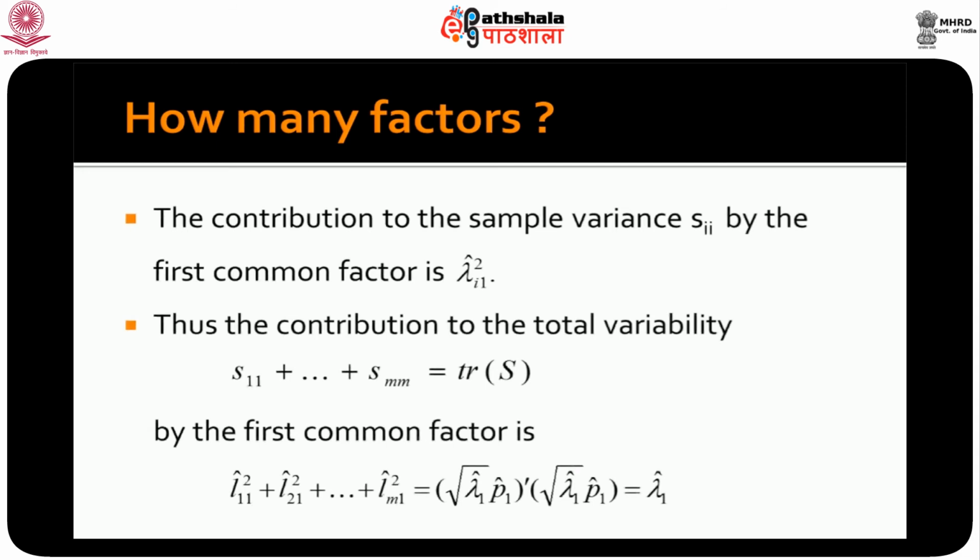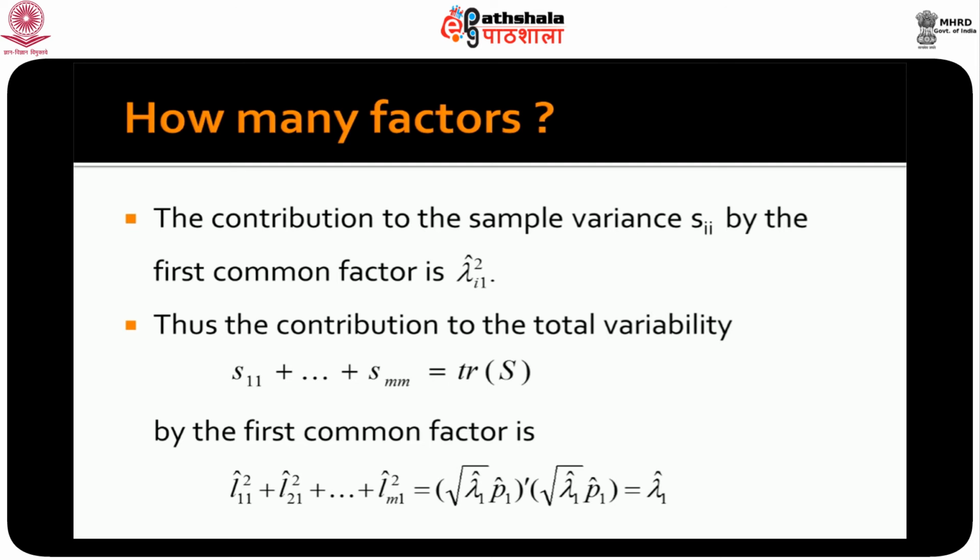Now, one other thing that we should remember here is that if we look at the contribution of any one of the factors to the sample variance, say the contribution to the ith variable by the first factor is given by Li1 square, or rather by its estimate Li1 hat square. So the contribution to the total sample variance, which is the trace of S, given by S11 plus S22 etc. plus SMM, from the first factor would be L11 hat square plus L21 hat square etc. plus Lm1 hat square.